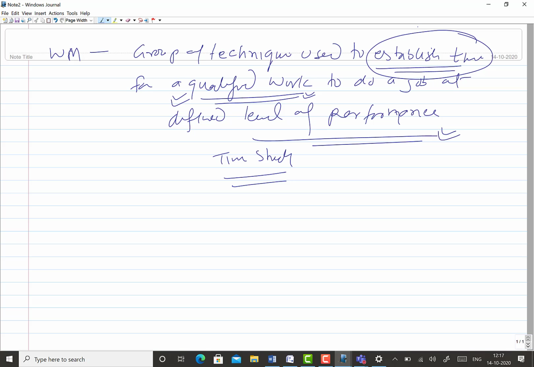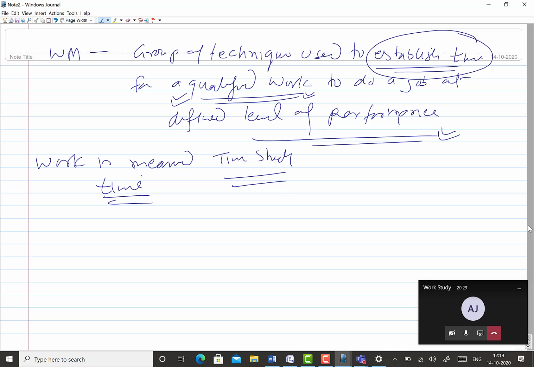So we can say the work is measured. The quantity of the work involved in a job is measured in terms of time.